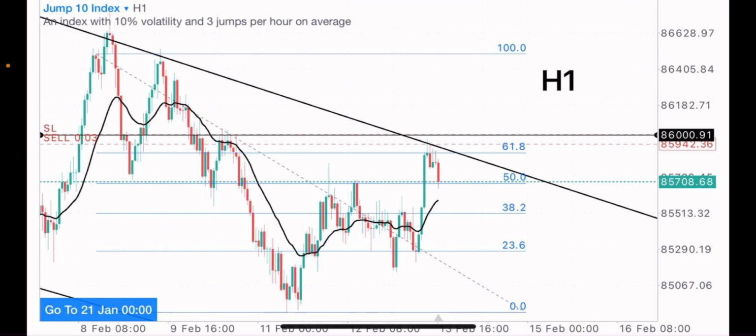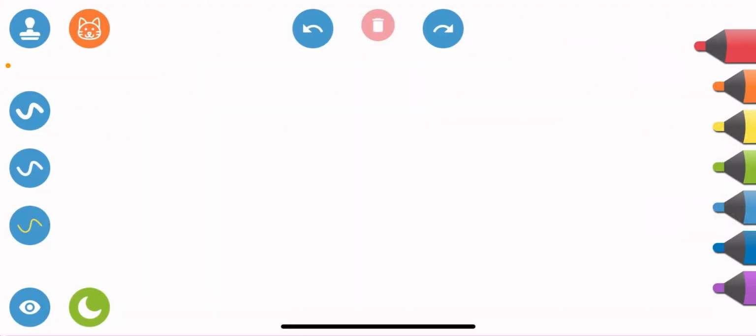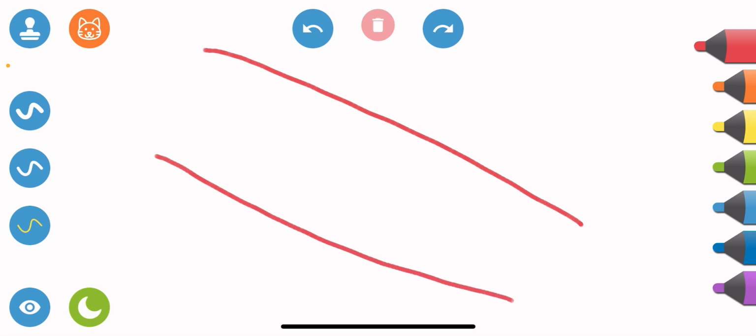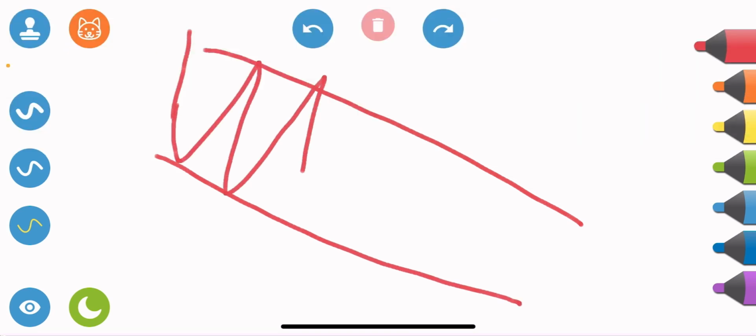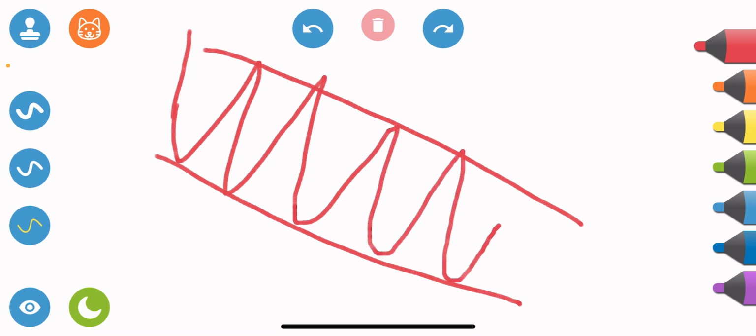Let me do a quick recap on this setup, guys. This was the chart. Price was consolidating. This was the trend line. Price was consolidating, and was approaching this trend line.